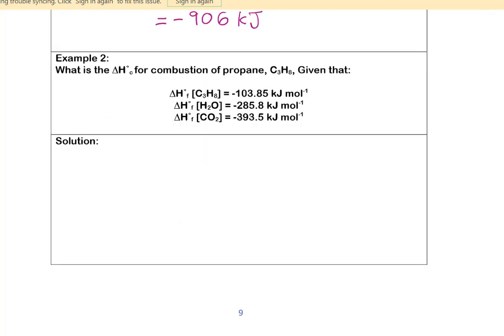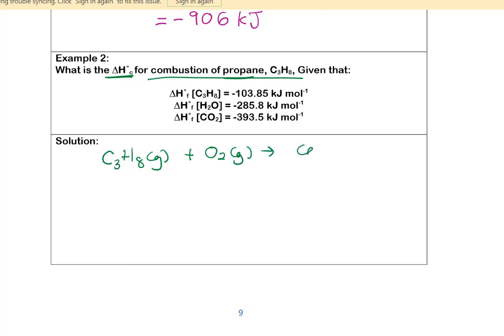Okay, second example, the question asks you to calculate the heat of combustion for propane, given the heat of formation for several molecules. First and foremost, we need to write down the chemical equation for the combustion of propane. So propane reacts with oxygen gas because this is combustion.